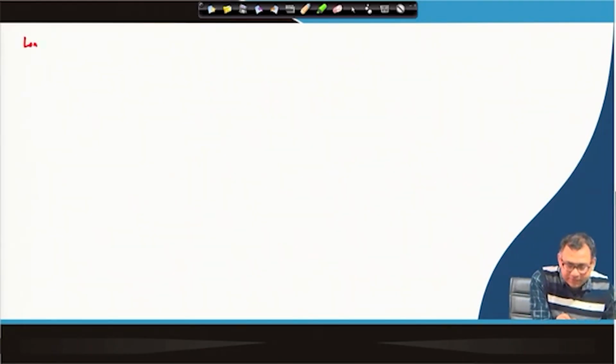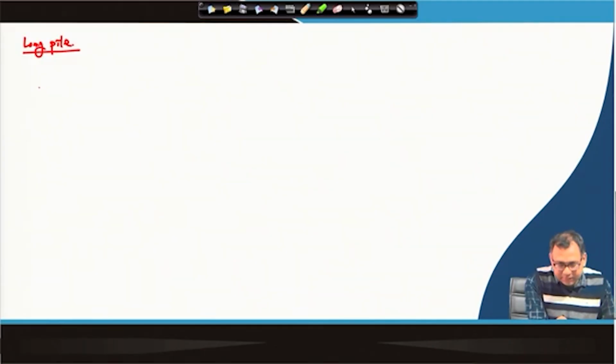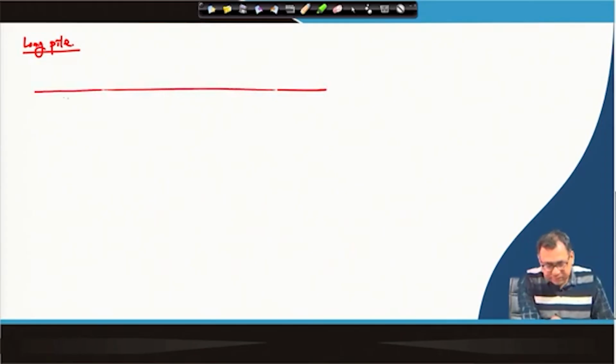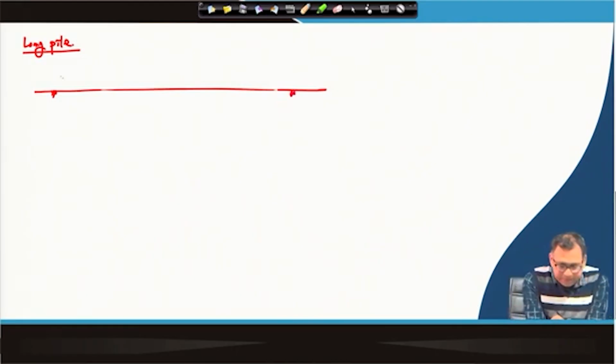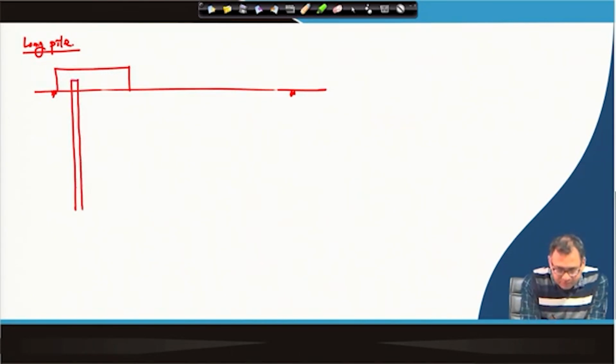So, for the fixed headed long pile case, this is the ground surface. And this is the fixity of the pile, and this is the pile, which is the long pile, and in case of long pile it will be yielding at a point.